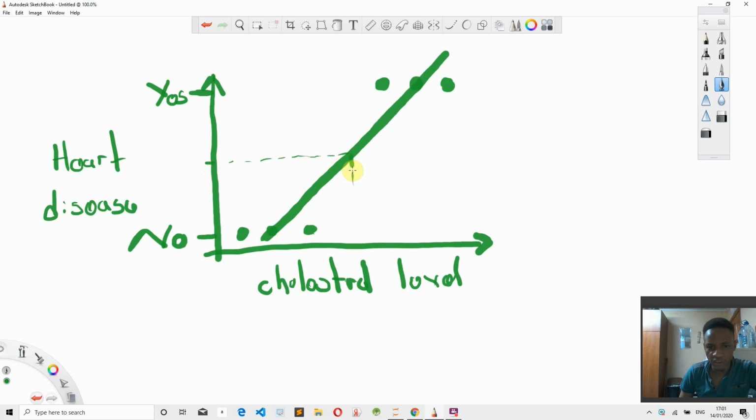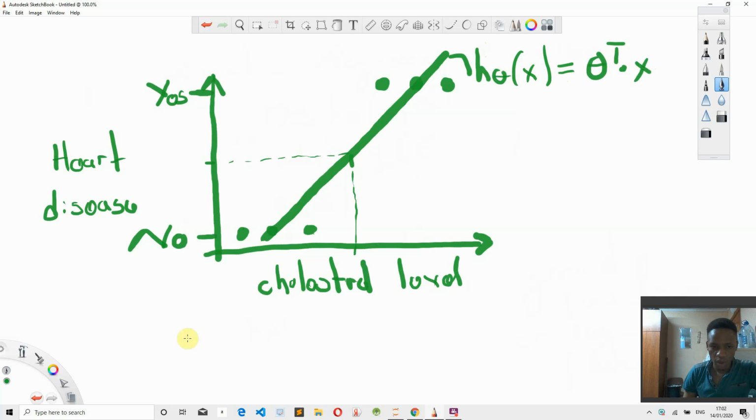After using a linear regression model, we can then use a threshold classifier. If you remember, the hypothesis for our linear regression model was h theta of x equals theta transpose times x.